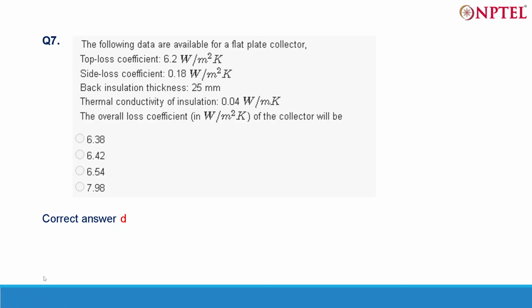Let's solve it. Okay. So you have to calculate the overall loss coefficient, that is UL equal to U top plus U back plus U side. Side loss coefficient is given, top loss coefficient is also given.